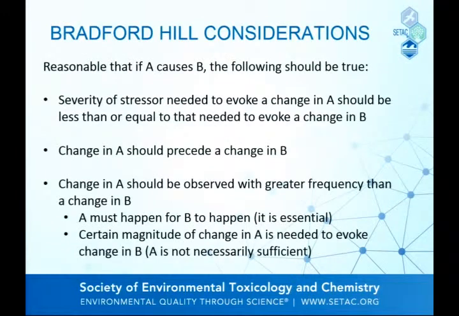So a lot of what we're trying to do in evaluating the empirical support for AOPs is trying to think about how well that empirical support supports the idea of causality between those two key events. And so in considering that, again, we've adapted the Bradford-Hill criteria, which were basically established back in the 1960s, as a way to assess causality in epidemiology studies.